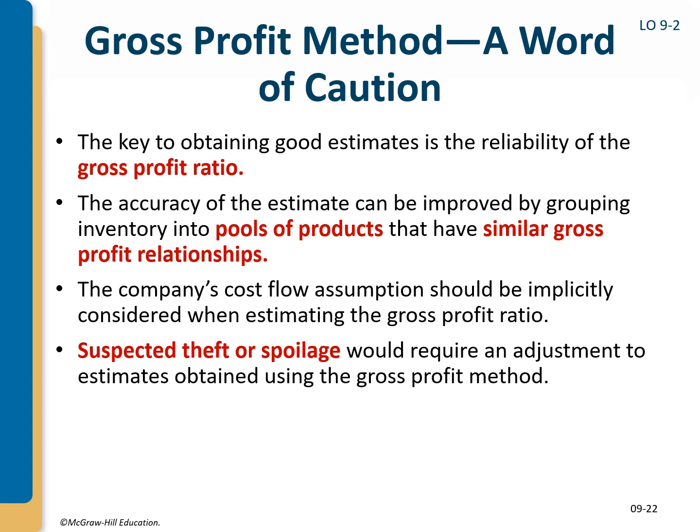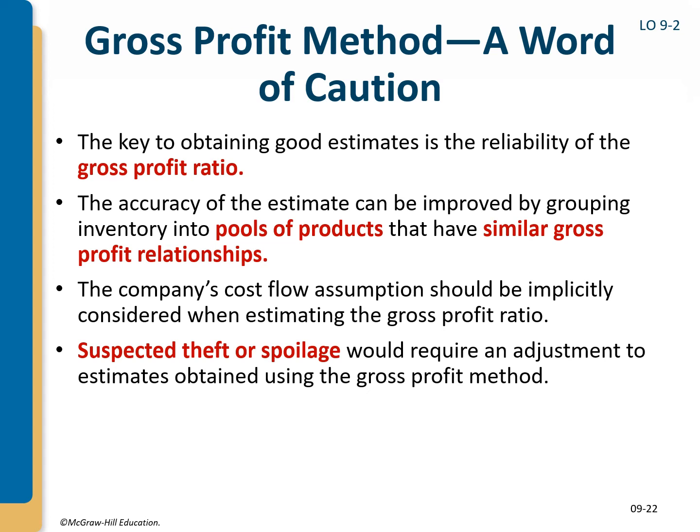So the key to obtaining good estimates is having a good profit ratio. What if you have 50 different items and they all have different profit ratios? Yikes! So the accuracy of the estimate can be improved by grouping like inventory items or like gross profit items into pools.